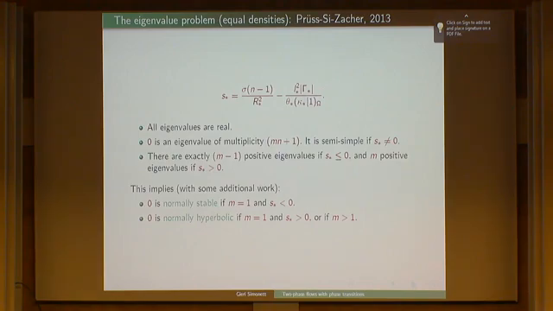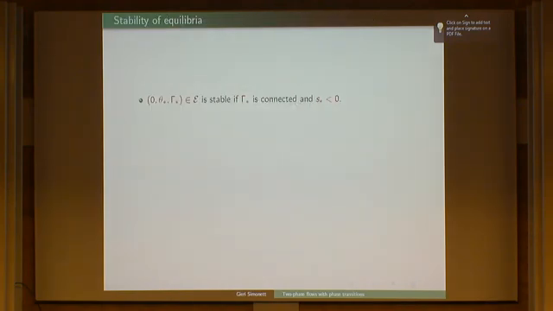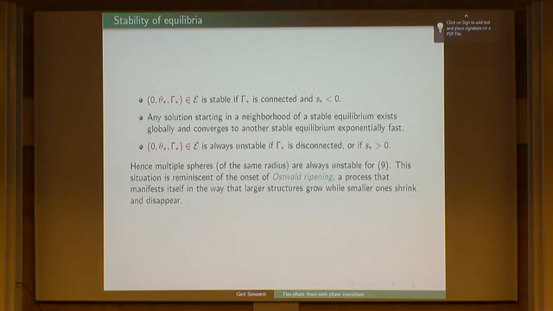If you have two components, then in any case, no matter what this quantity tells you, you will always have positive eigenvalues. This is something coming out of the theory of dynamical systems. You show it's normally hyperbolic, and what comes out from the eigenvalue consideration is that a single sphere is stable in this case.